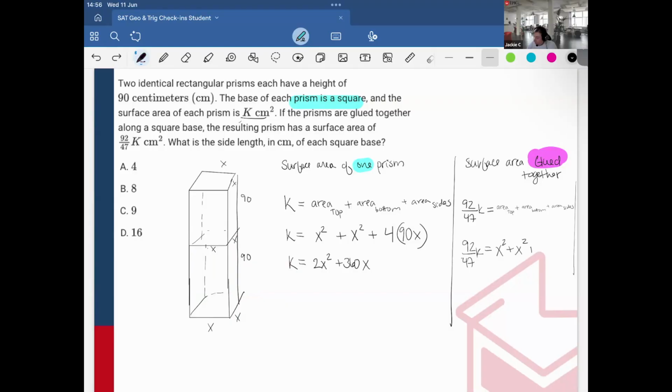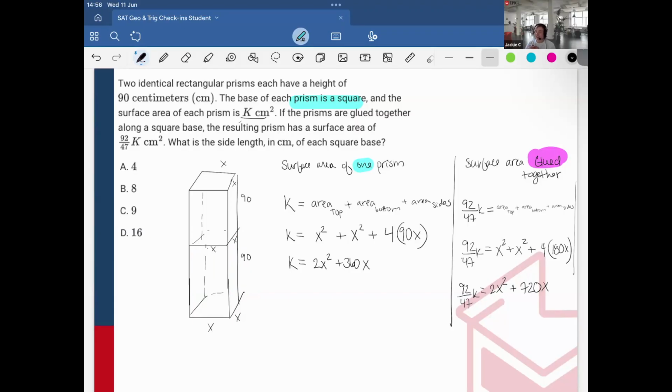So that would be the area of one face, which is 180 multiplied by x, multiplied by the 4 sides. So that simplifies to 92/47 k equals 2x squared plus 720x.